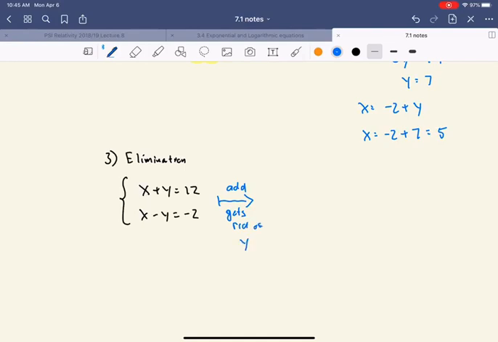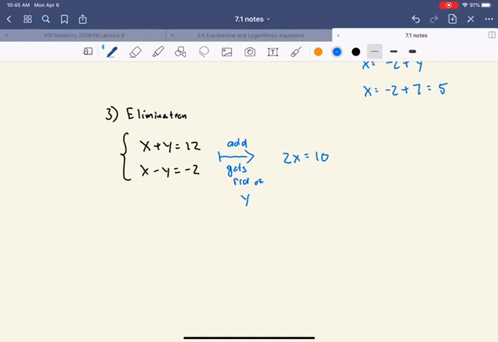So I get 2x equals 10. Now, that means x equals 5. It's very easy here. You could go back here, put 5 in for x, and get y equals 7. That's fine. And for simple ones, it works just fine.